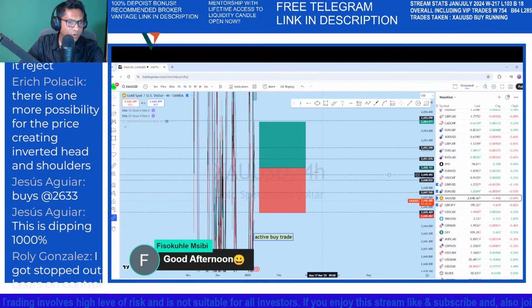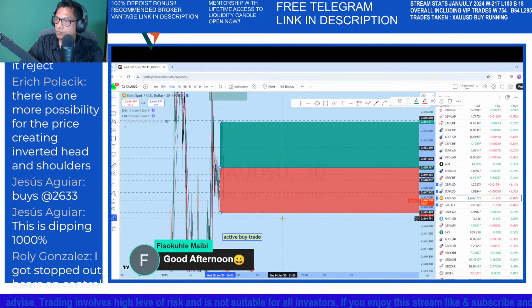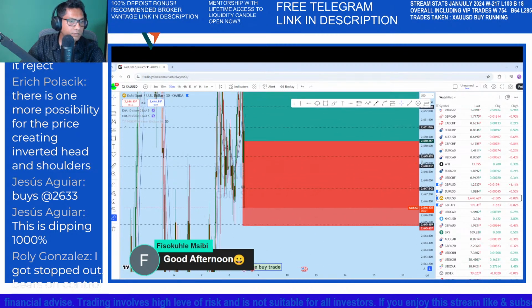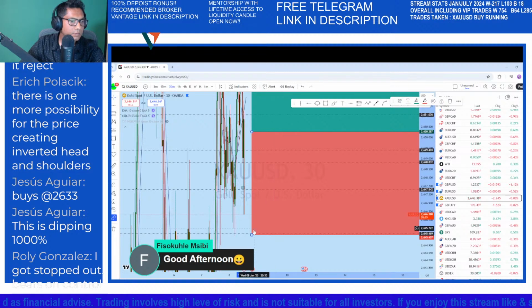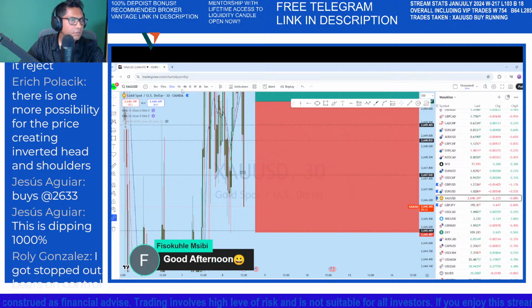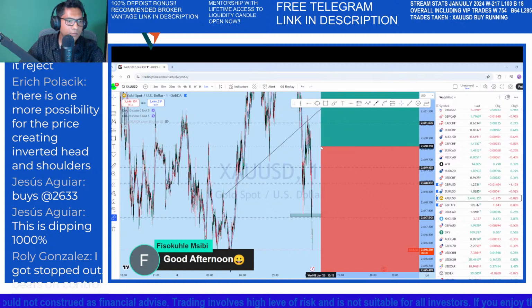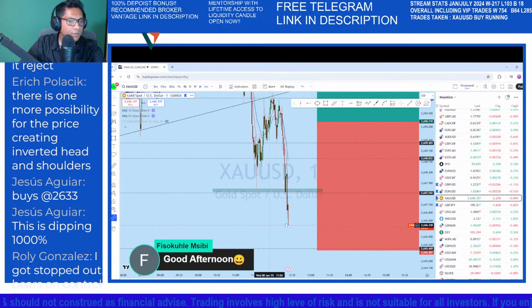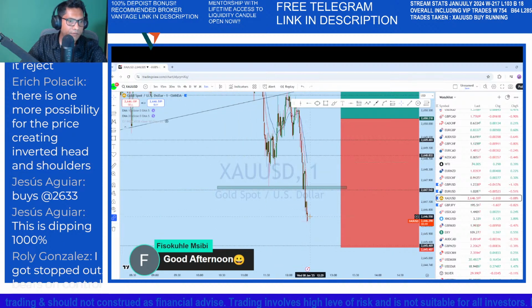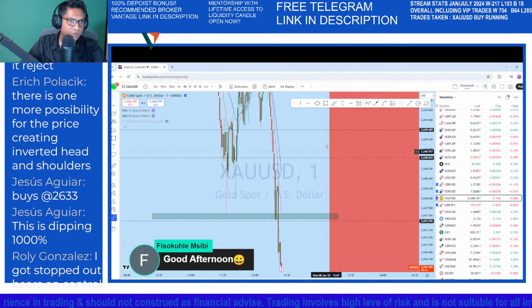So 4 hour, if we look at, okay, so this is the 1 minute chart, and that's a very aggressive drop, I think because of the data prediction.